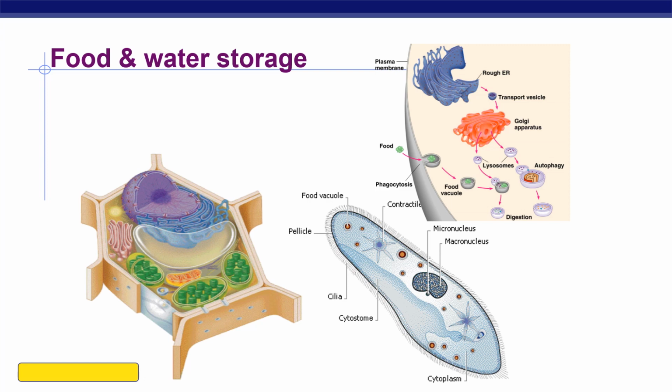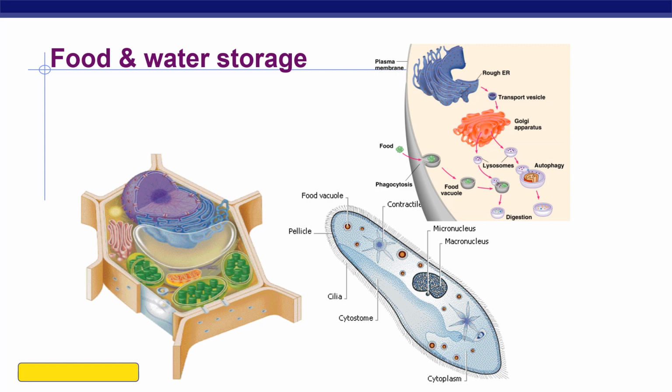So these organisms are also made up of vacuoles, but the difference, my dear students, is that in the plant cell, they have what we call a central vacuole, while in the paramecium, they have what we call a food vacuole, and also we have it in the animal cell. We commonly call it also the food vacuole.